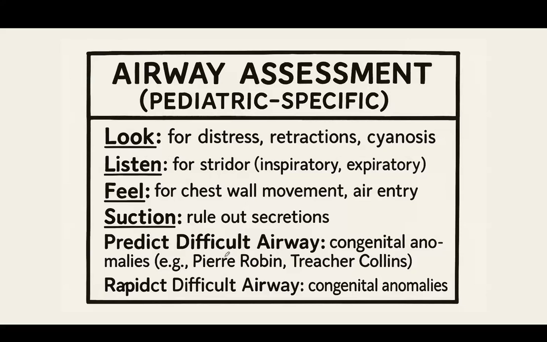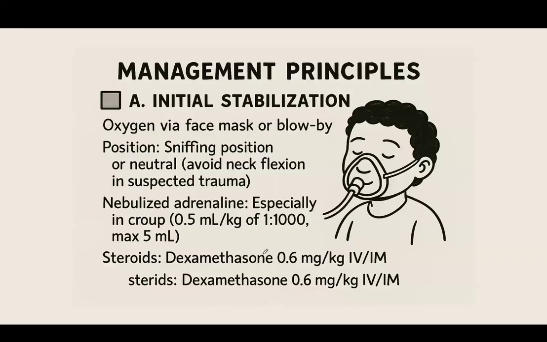My personal advice: always have the surgeon scrubbed and prepared for surgical airways in pediatrics. Usually in all patients, I ask the surgeon to be ready for surgical airways. God forbid we need them.